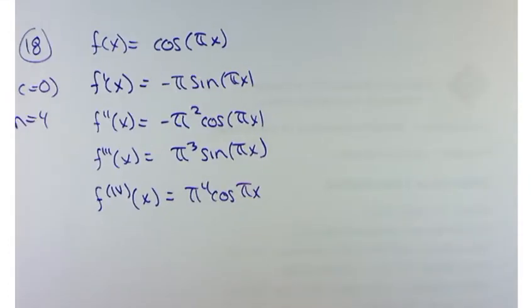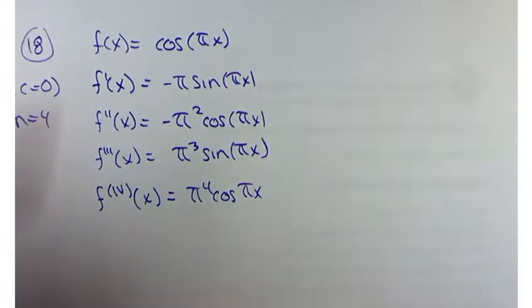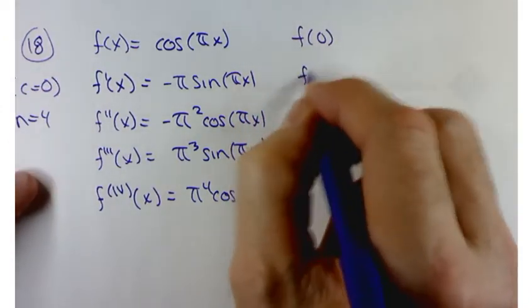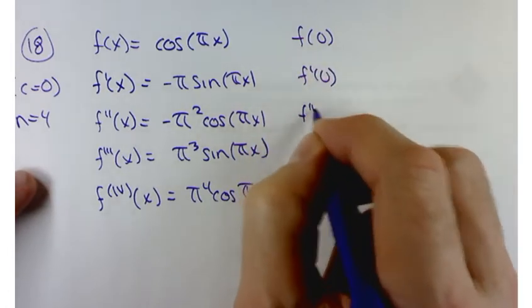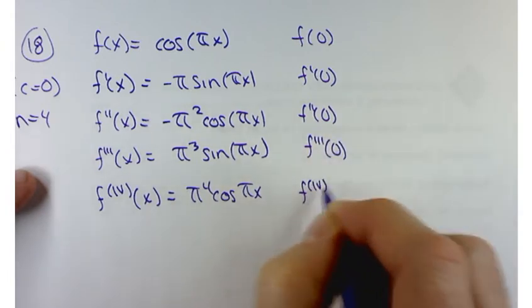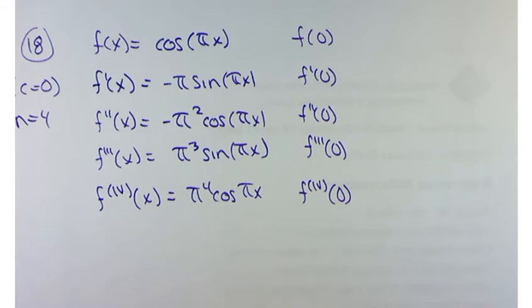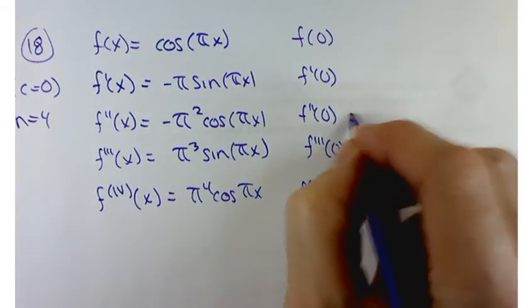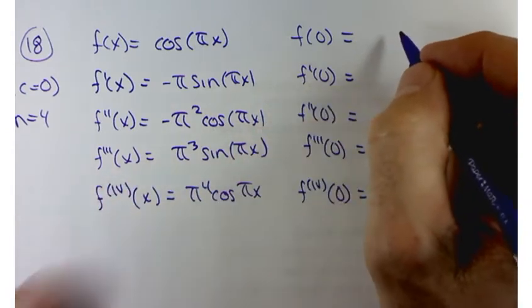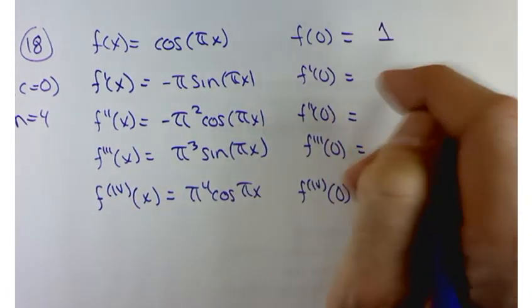Great. Let's find the value of this function at the center here. So f of 0, f prime of 0, f double prime of 0, f triple prime of 0. What's f of 0 going to be? 1.